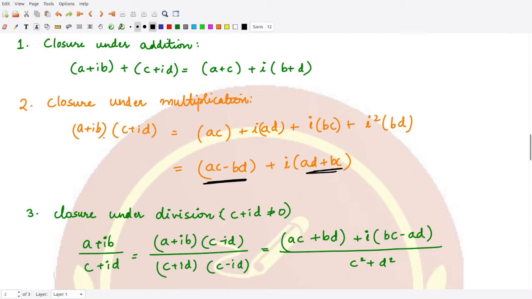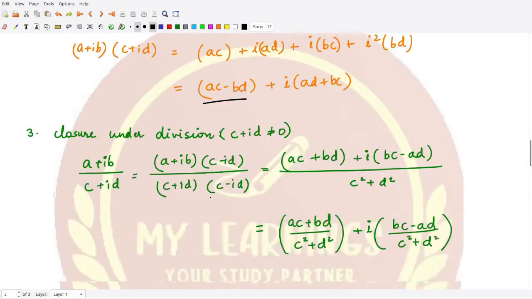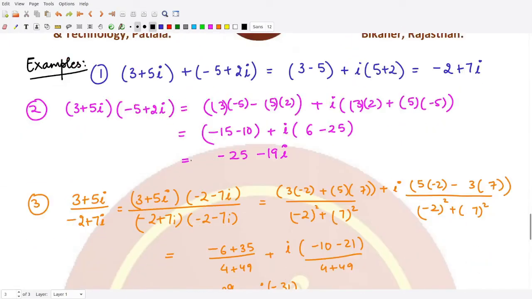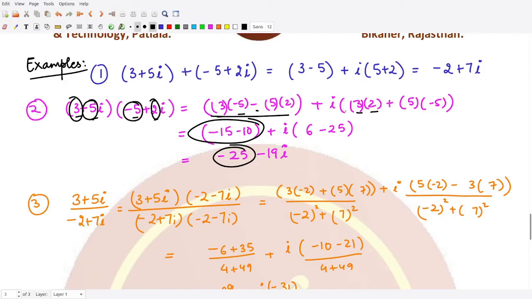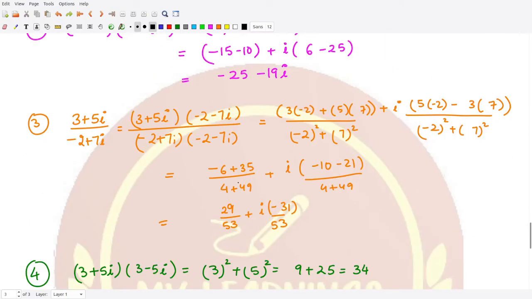So you will be calculating AC minus BD, you solve this, and finally you have this, and then you have AD plus BC. You can solve this, and you have this as the final answer, right? This is how you perform multiplication. Similarly for division, we'll again go back.